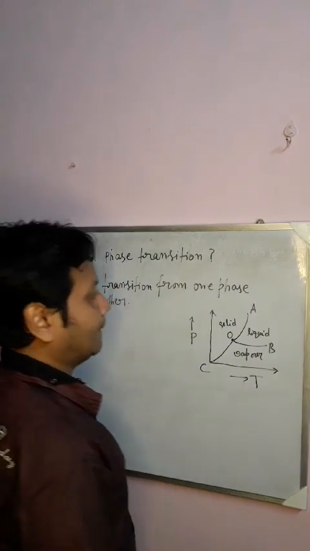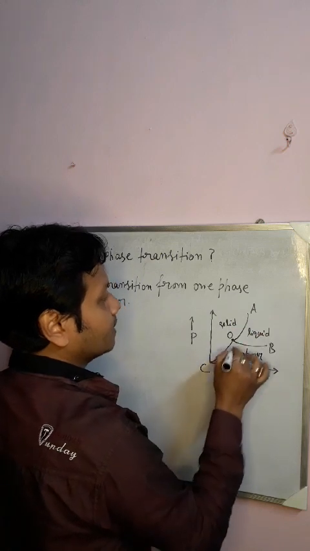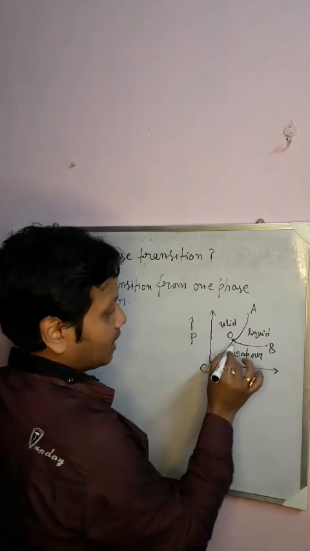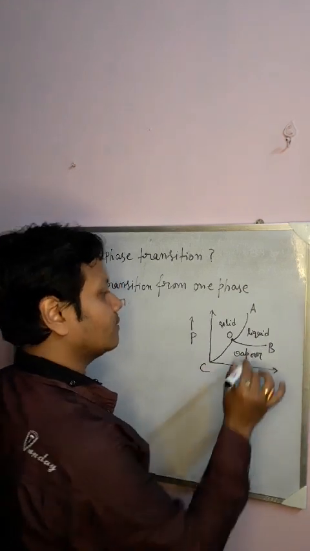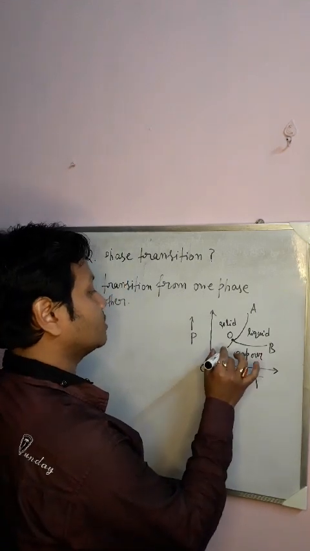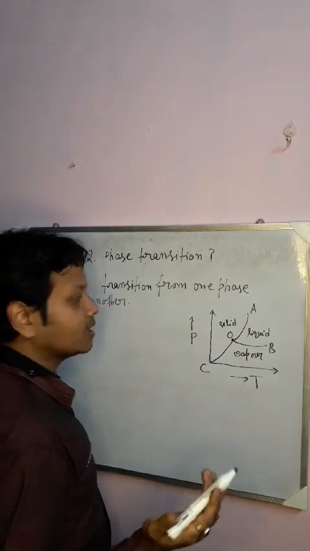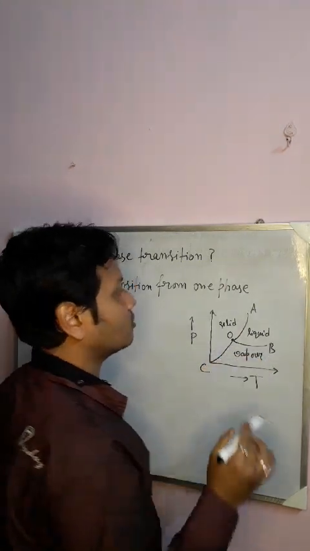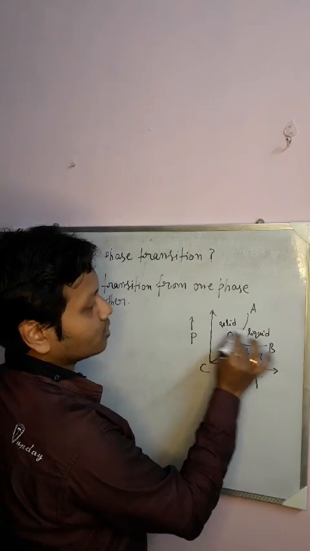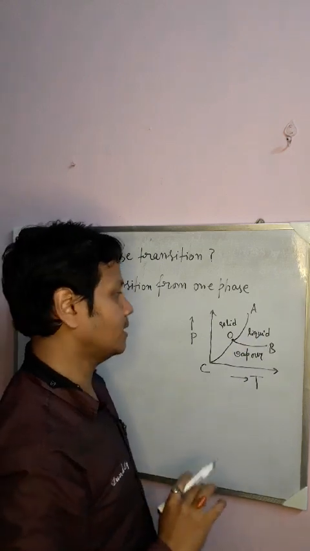Okay, and this line OA represents the equilibrium line between the solid and liquid phase. The line OB represents the equilibrium line between liquid and vapor phase. Similarly, the line OC represents the equilibrium line between solid and vapor. So in general, we can say O is the point where all the three phases coexist.